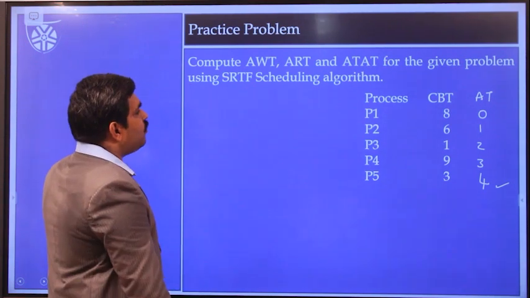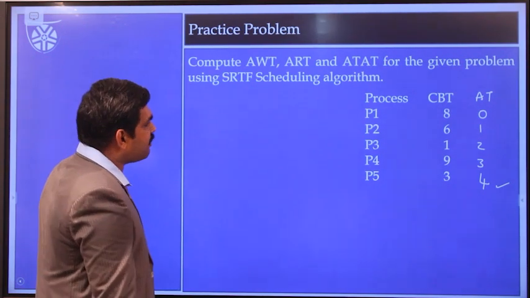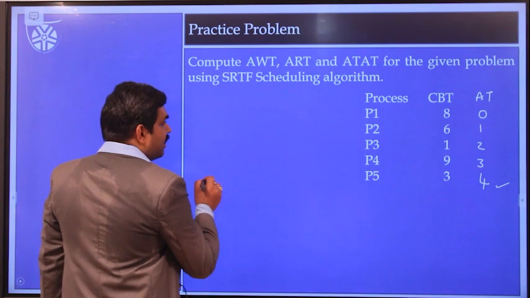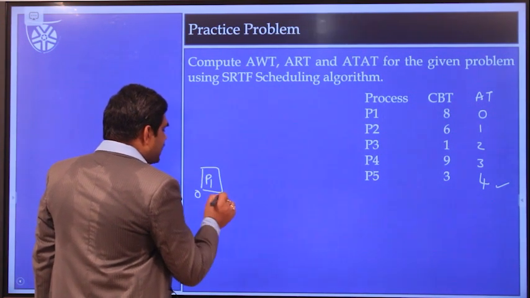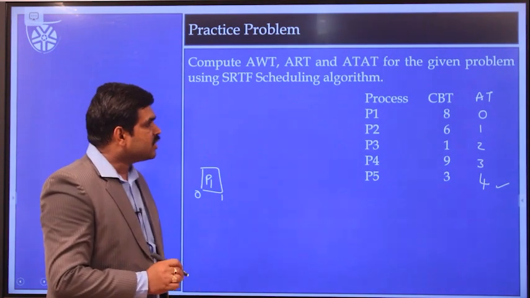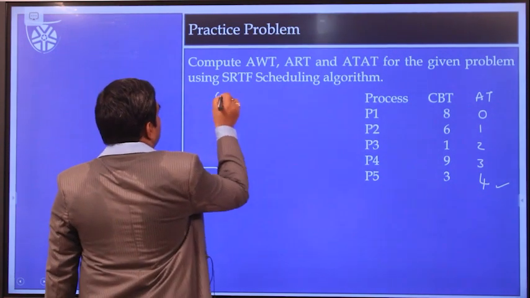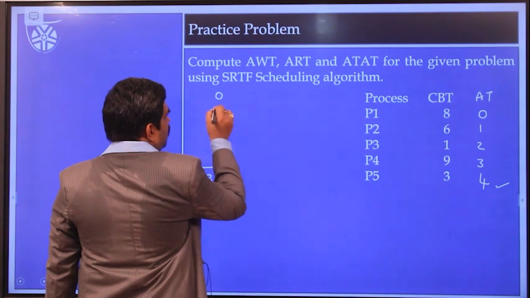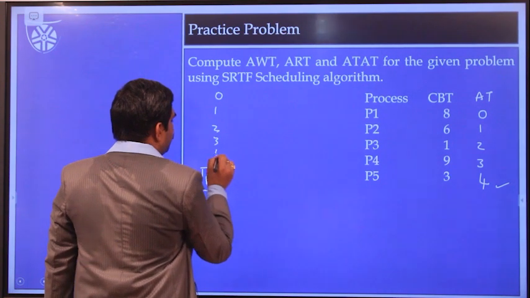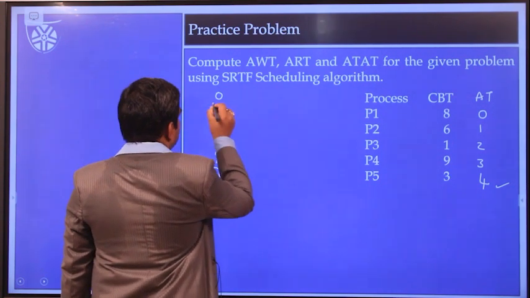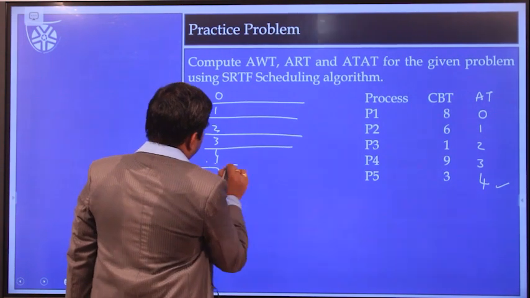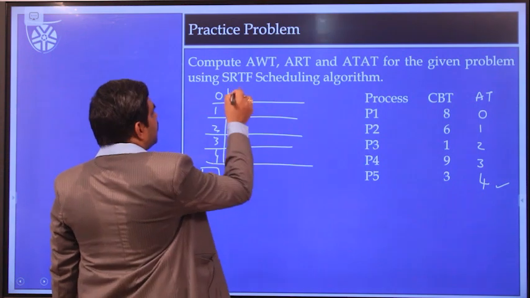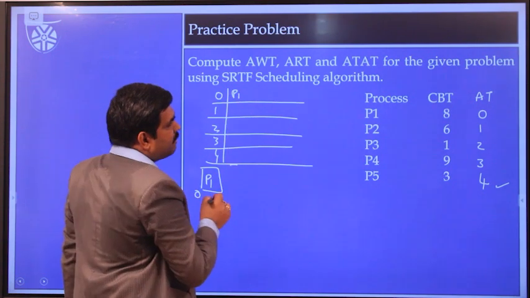First of all, which of the processes has entered into the memory at first? The process P1 has entered into the memory at first. So P1 is going to be assigned the CPU at first, right? So I have the time intervals 0, 1, 2, 3, 4, with 4 splits. At the 0th interval, only process P1 is there in the memory.